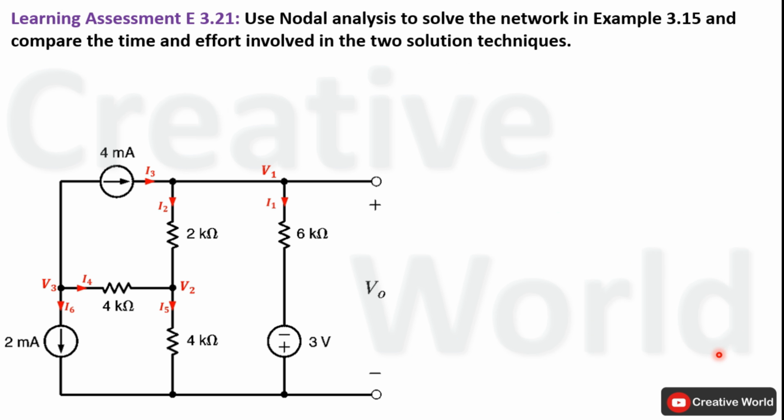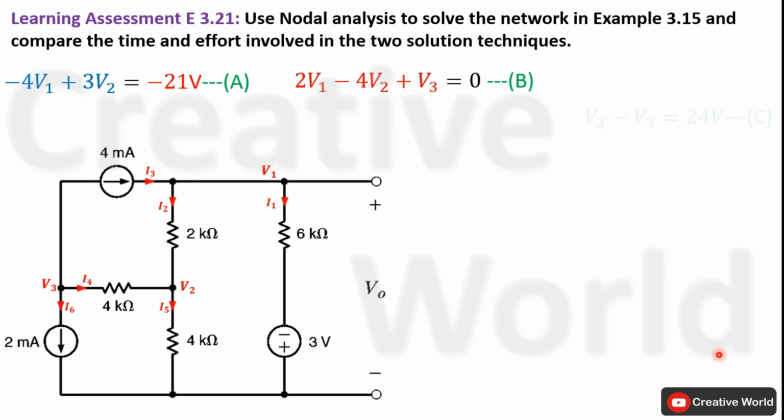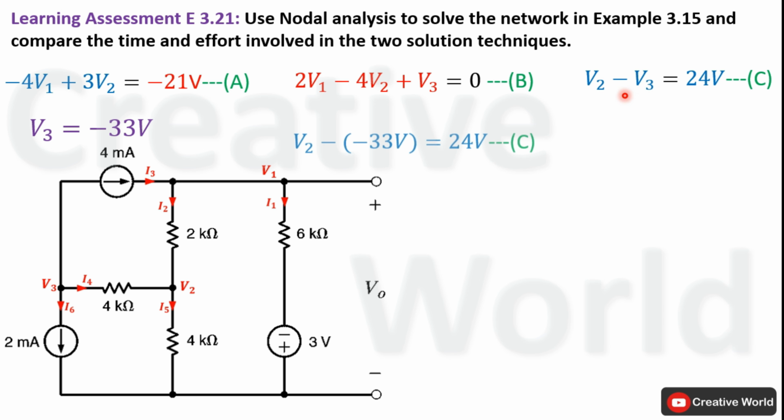After calculating the value of V3, we are able to calculate the value of V2 by replacing the value of V3 inside this equation C. So V3 equal to minus 33 volt, and replace V3 inside equation C with its value. The equation will become V2 minus into minus 33 volt equal to 24 volt.